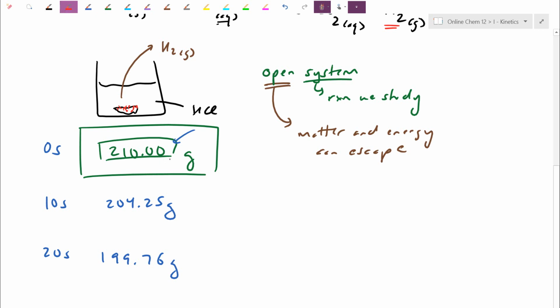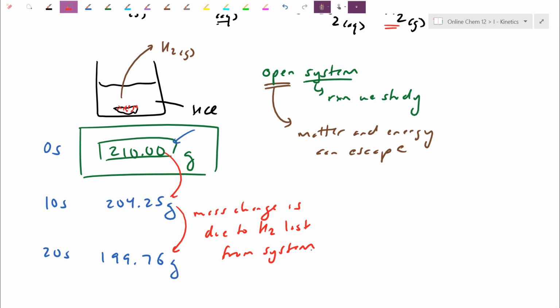The only reason my mass is decreasing is due to the mass of hydrogen loss. So mass change is due to hydrogen lost from the system. Because hydrogen is the only thing that can escape, any mass difference here is going to be the mass of hydrogen.